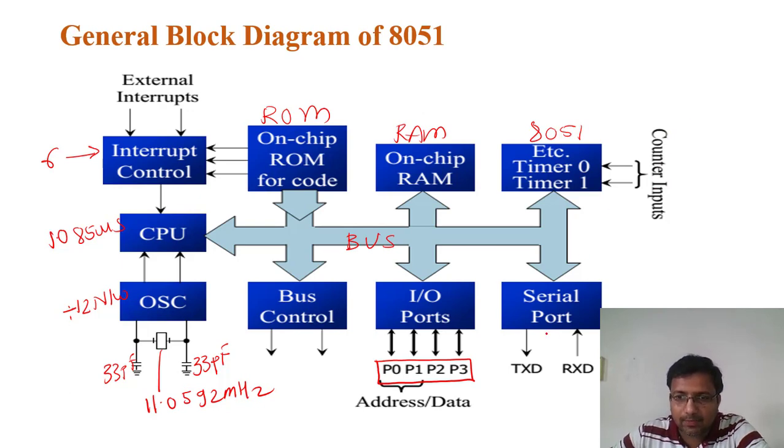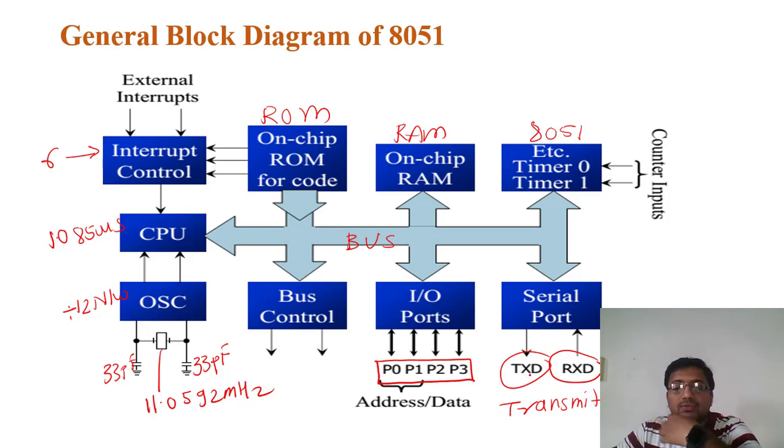Then we have a serial port, with RxD and TxD. RxD stands for receive data, and TxD stands for transmit. These are used for reception and transmission of data towards different peripherals.